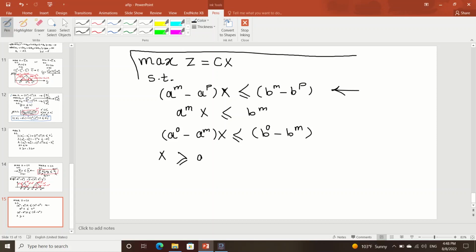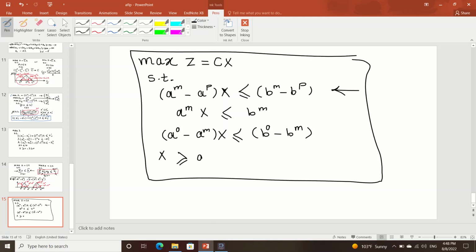This is the structure of crisp linear programming instead of fuzzy linear programming. You could convert the fuzzy linear programming using a triangular fuzzy number for A and a triangular fuzzy number for B.